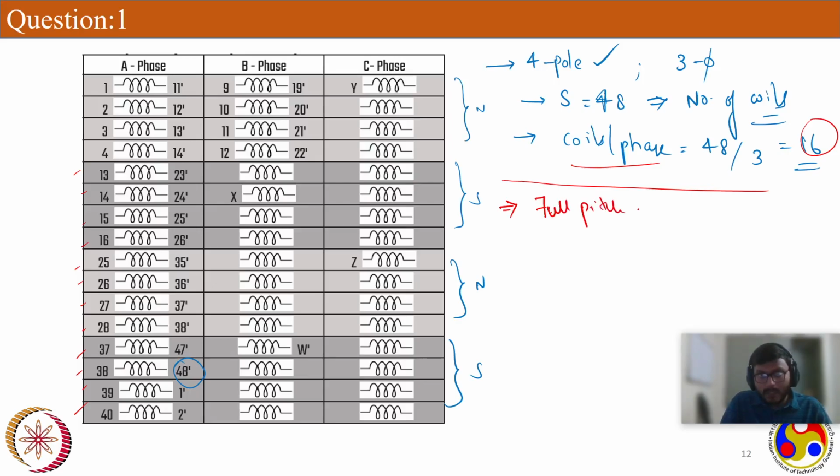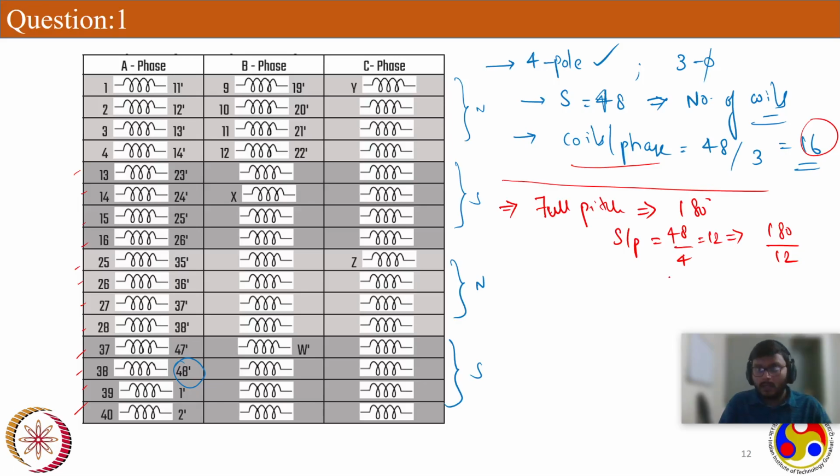Then my coil span is 180, that's for sure. Now, what is my slots per pole combination? Slots per pole is 48 by 4, which is 12. To calculate beta, I need to calculate 180 by 12, in terms of electrical. Can anyone tell me what is 180 by 12?